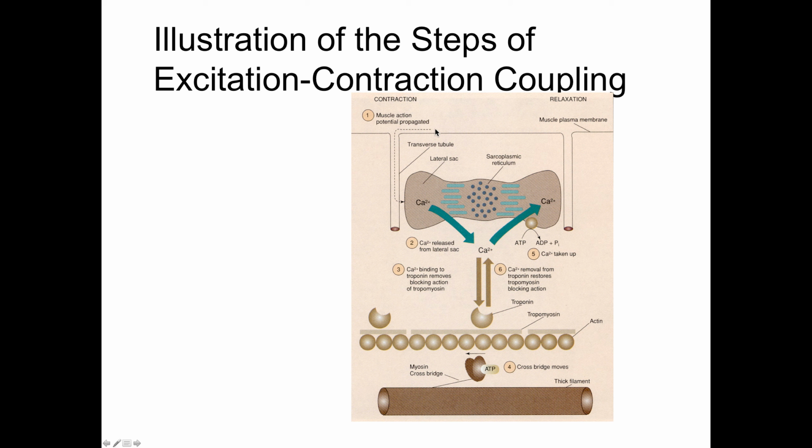You should understand this process where the action potential goes along the membrane, but then dives down deep into the muscle cell by the transverse tubule, goes past the lateral sacs of the sarcoplasmic reticulum, and then somehow, not completely understood, opens up channels that allow calcium to rush out of the sarcoplasmic reticulum. As we've described before, calcium will bind to troponin, causing a change in shape of troponin, and lifts tropomyosin out of the groove of actin, exposing a binding site on actin for myosin.